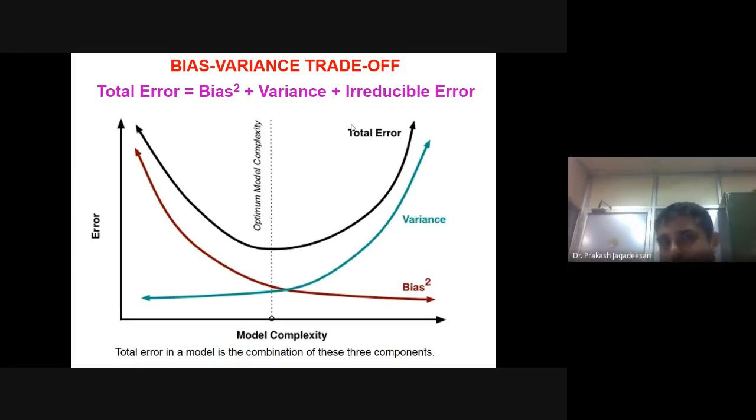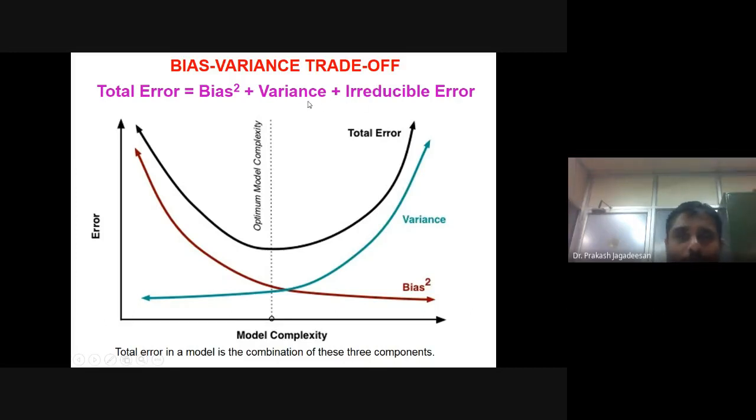That is our focus. And let me emphasize here that total error is a combination of three components: bias squared, variance, and the third part is the irreducible error.